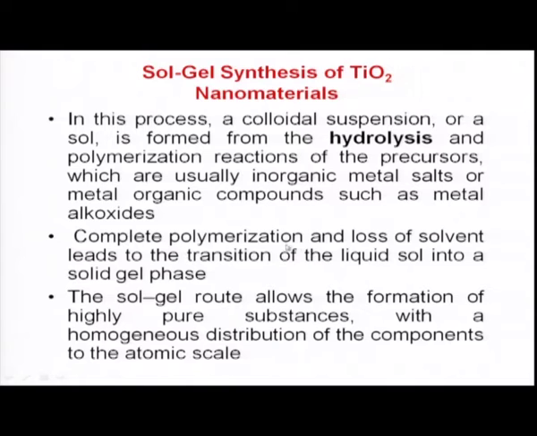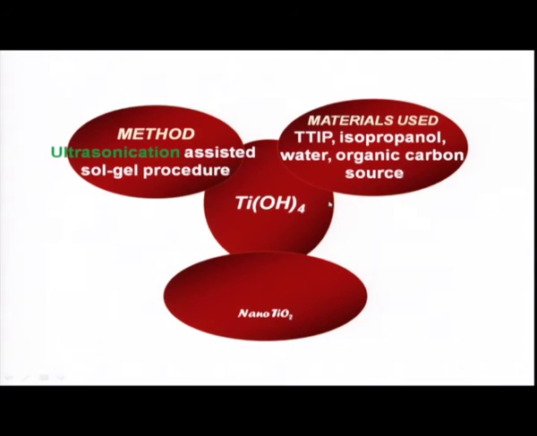So, complete polymerization and loss of solvents leads to the transition of the liquid sol into a solid gel phase. The sol gel route allows the formation of highly pure substances with a homogeneous distribution of the components to the atomic scale, that is, nano dimension titanium dioxide we can get. And this is a method usually available.